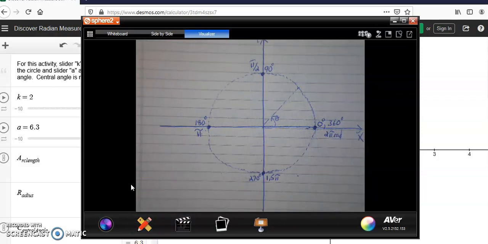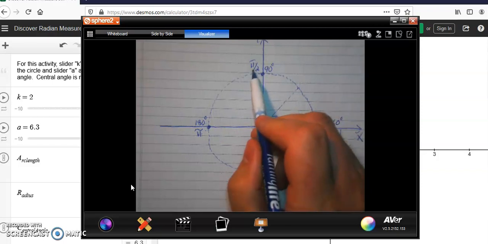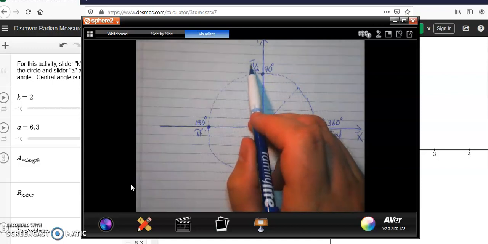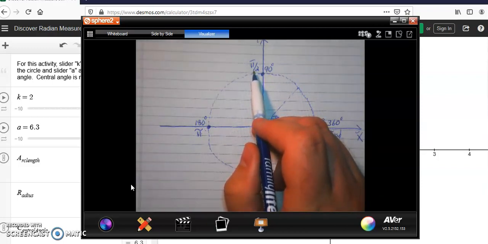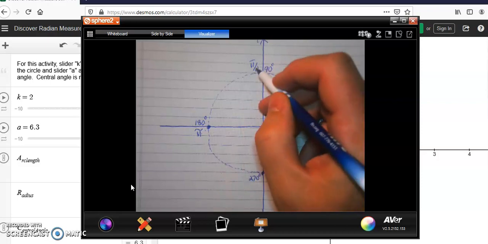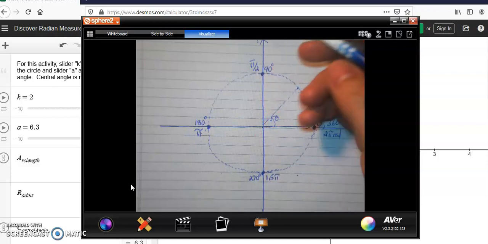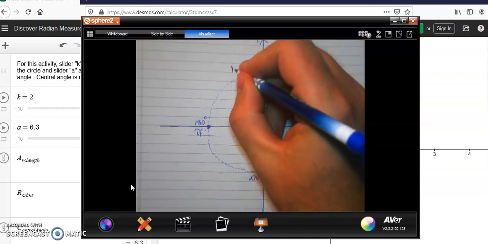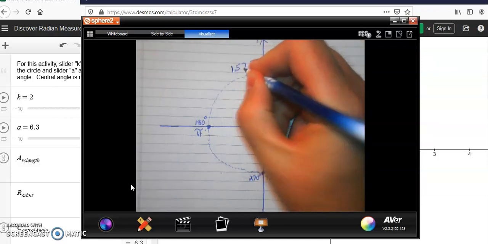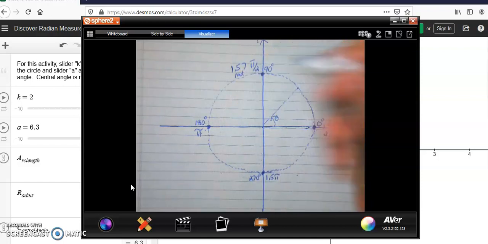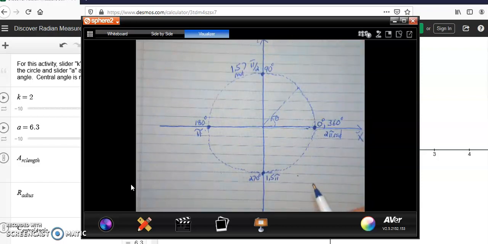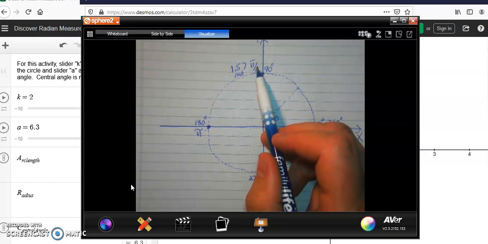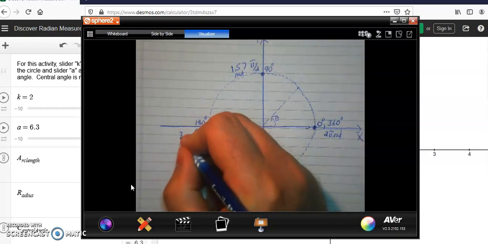One thing you have to be very careful of, one thing confusing about radian measure, is sometimes they will give the angle in terms of pi's, like pi over 2, and other times they'll give you the decimal values. So when you look at pi over 2, if you divide 3.1415 by 2, you get right around 1.57. So 1.57 radians would be equivalent to pi over 2 radians. Pi, we know, is 3.14.